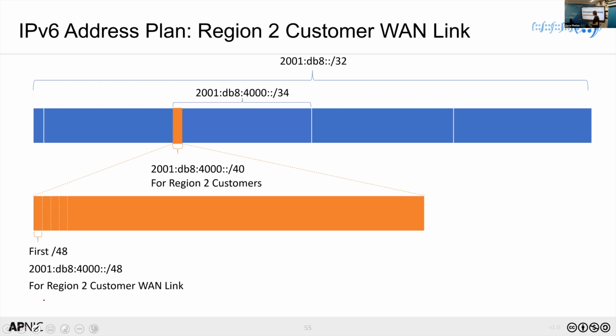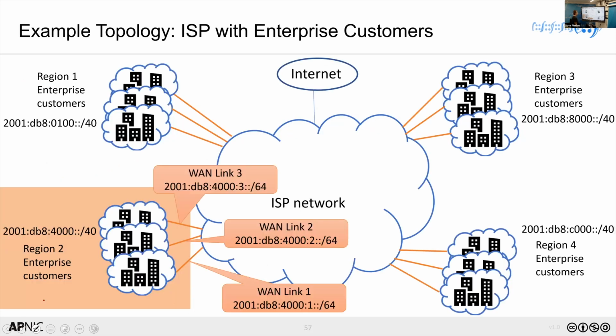So we take out the first /48 from our region 2 customer block, and then we go and assign our WAN links out of that. So there's /64s, so that's going to be 3:0, and 1, 2, 0, 1, 1, 0, 1.